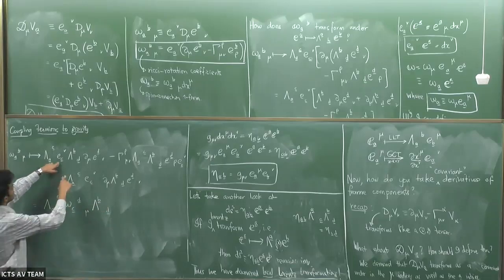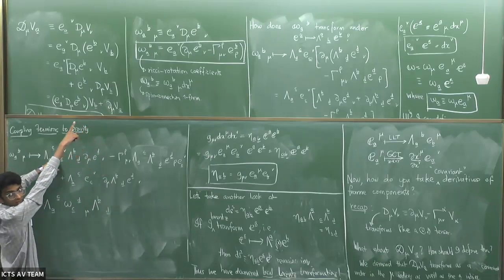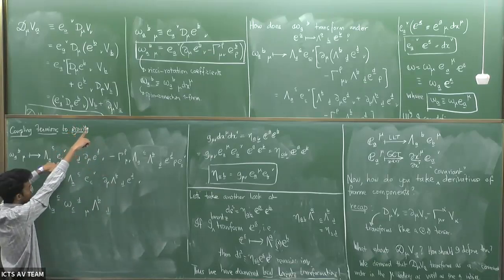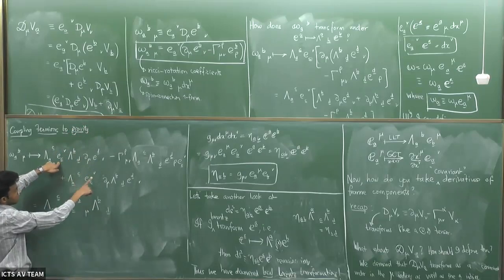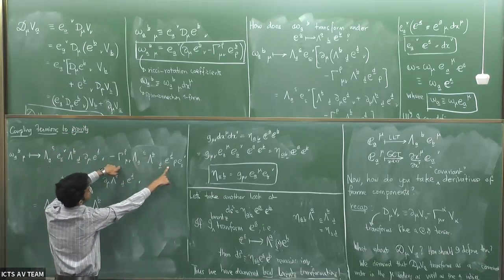Because notice that E C nu del mu E D nu is the first term of omega C D. You see this? And then minus gamma E is the second term.